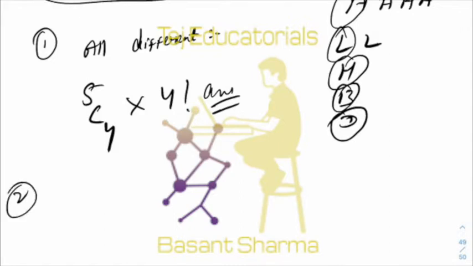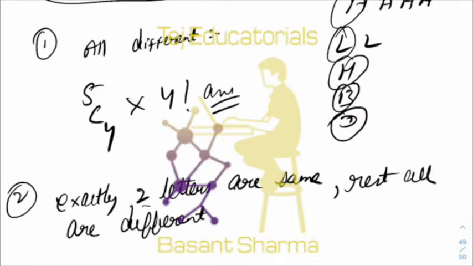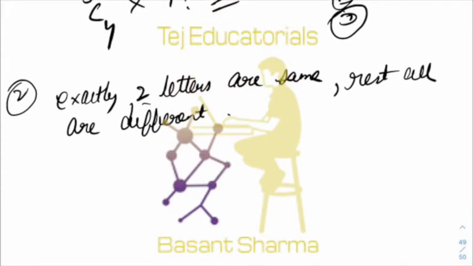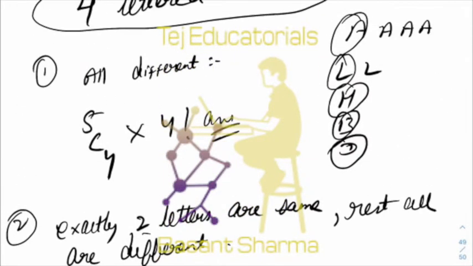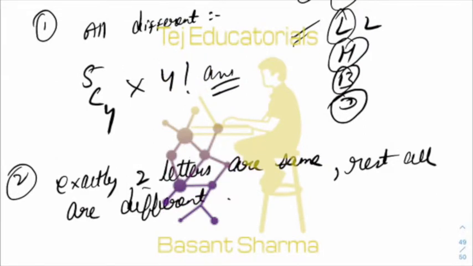The second part: exactly 2 letters are same, the rest all are different. If exactly 2 letters are same, then the only possible options are A and L, because they are the only letters which you have at least 2 of each.